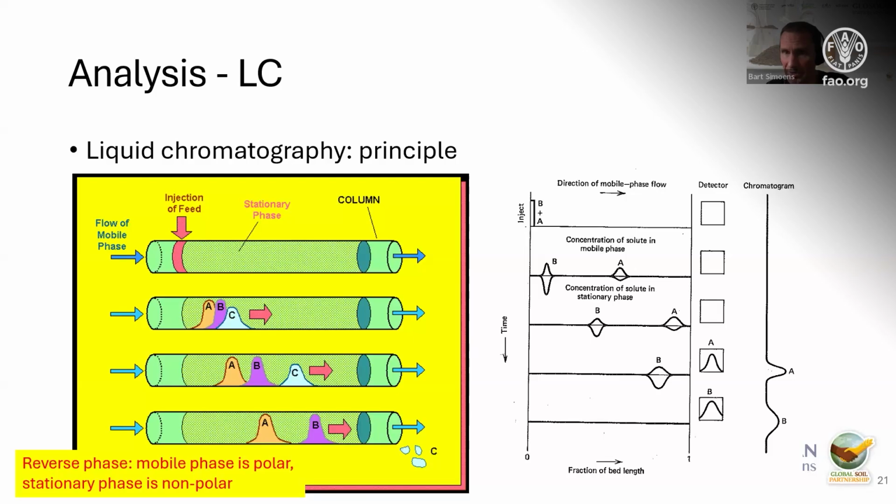So if you know RDX leaves the column at 3.5 minutes, if you have a molecule that leaves at 6 minutes, you're sure it's not RDX. If you have a molecule that leaves at 3.5 minutes, it can be RDX, but you cannot be sure if you don't go a little bit further in the analysis.